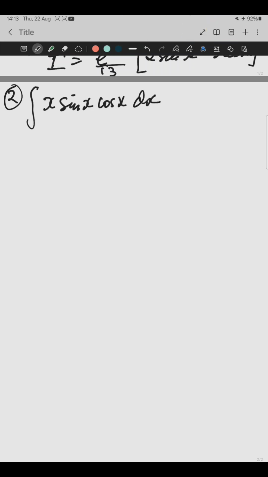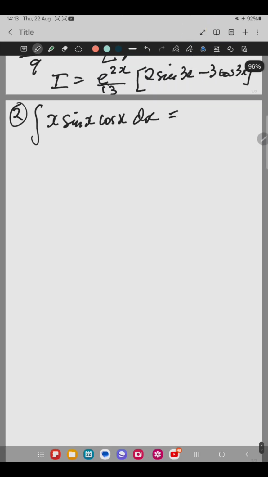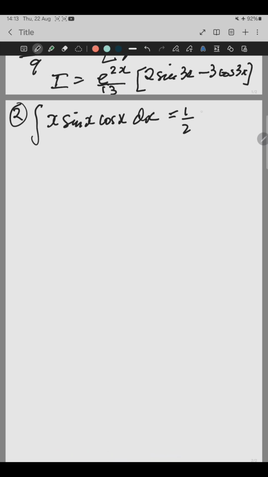Well, you don't need to do that, because this is actually just equal to 1/2 of the integral of x sine 2x dx, because sine x cos x is 1/2 of sine 2x. So from here on it's not too bad.